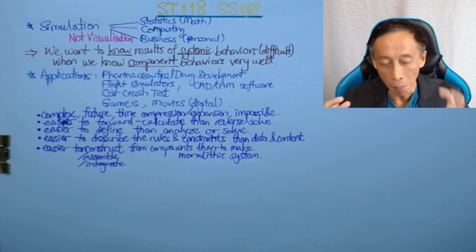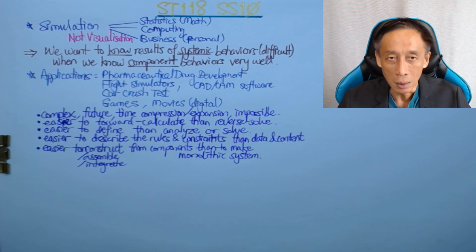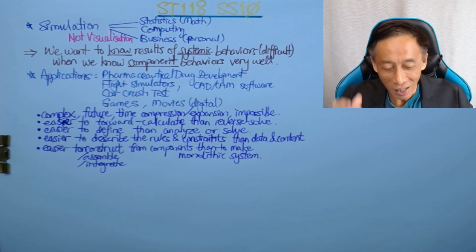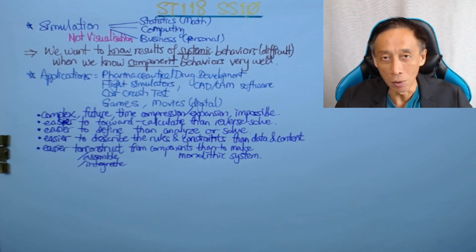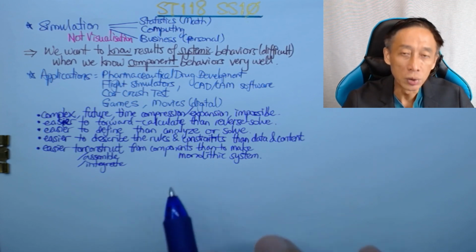You describe the components. If it is easier to describe the components than to directly measure or estimate or have a formula to talk about the whole building, then we should use simulation.